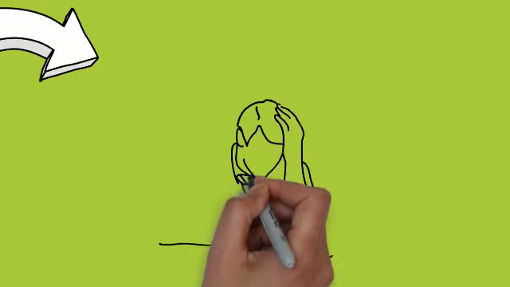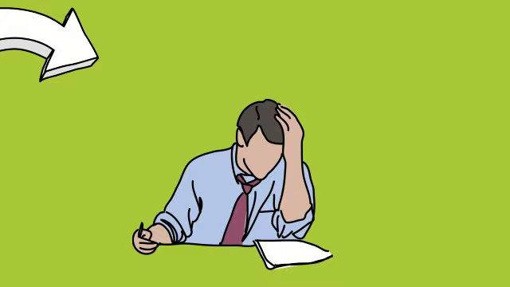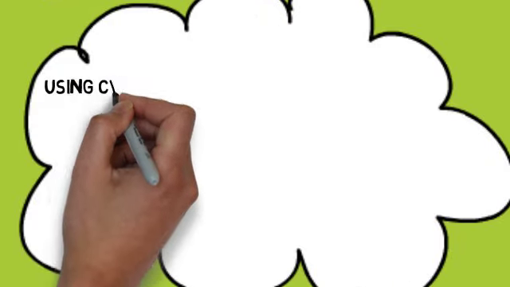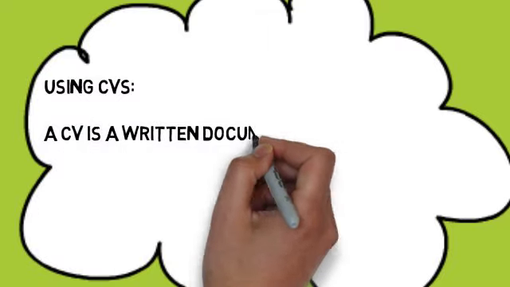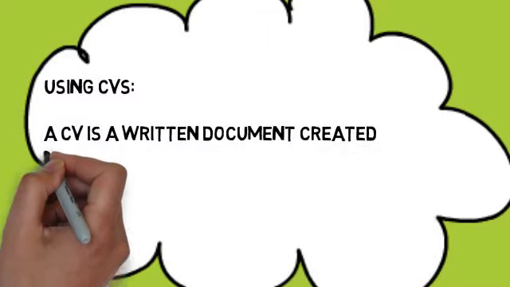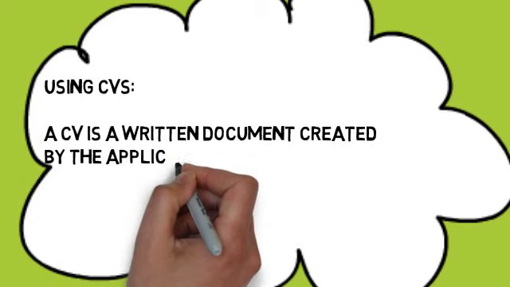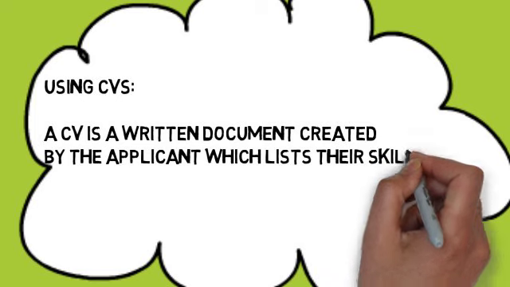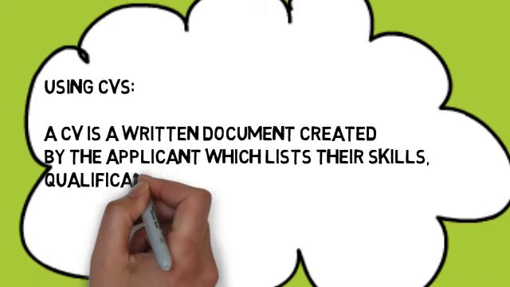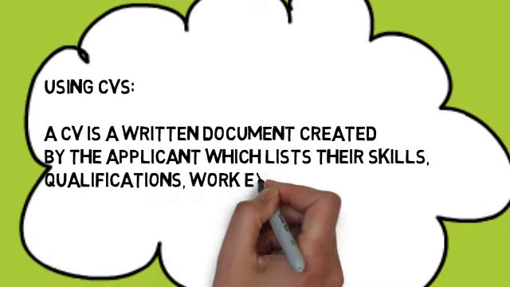For most managers, they deal with one of two documents right at the beginning of the selection process. Many candidates might submit a CV, curriculum vitae, to the organisation. This is a document the candidate has made themselves and printed out, which will list all of their qualities and qualifications for the job.